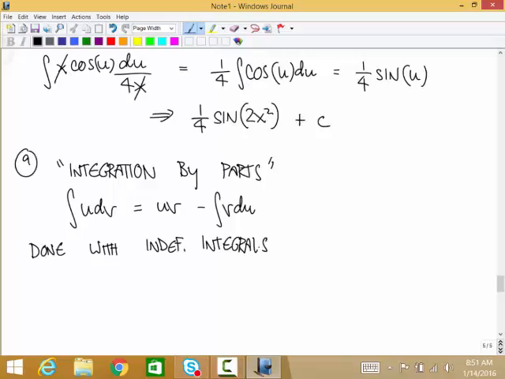Now we just have to define this new thing, definite integrals.